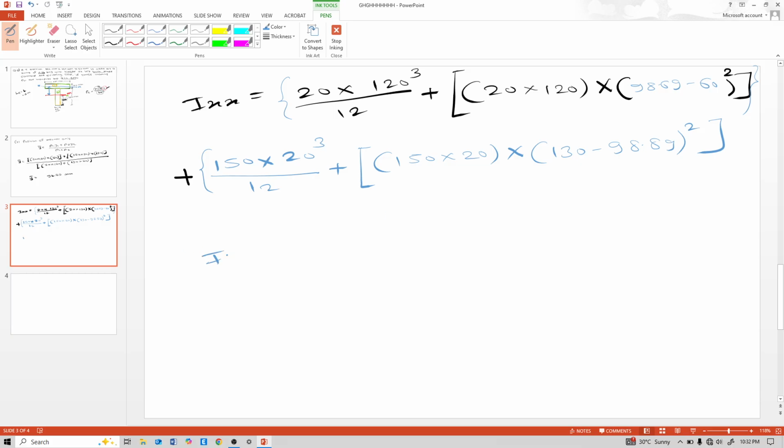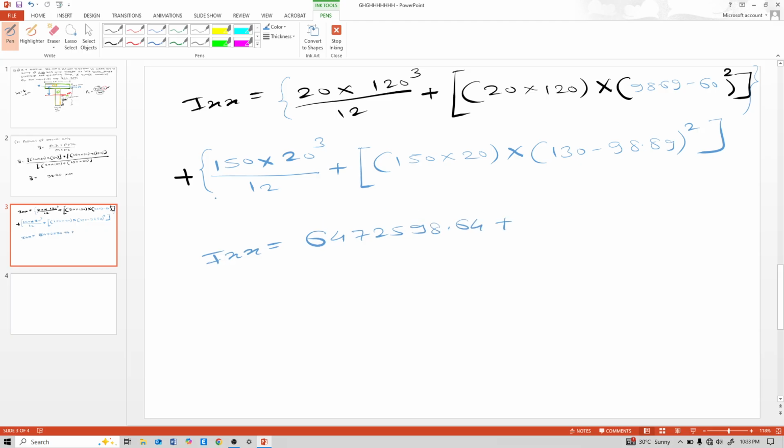So this Ixx is 20 into 120 cubed divided by 12 plus 20 into 120 into 98.89 minus 60 squared, which is 6472598.64.